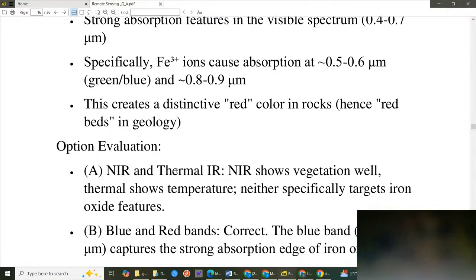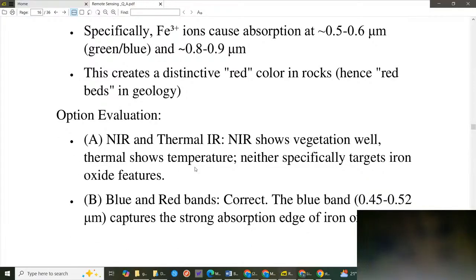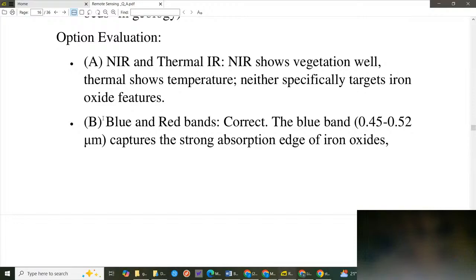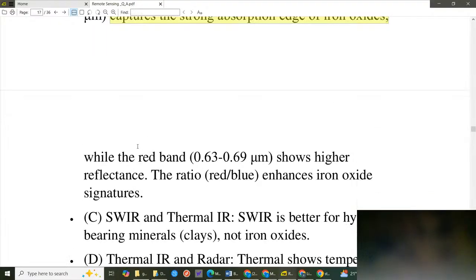Option evaluation. Near and thermal infrared: NIR is sensitive to vegetation, and thermal is sensitive to temperature; neither specifically targets iron oxide features. Blue and red bands are correct: the blue band, 0.45 to 0.52 micrometer, captures the strong absorption of iron oxide, while the red band, 0.63 to 0.69 micrometer, shows higher reflectance.